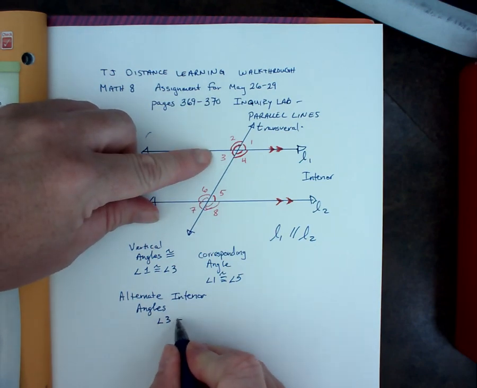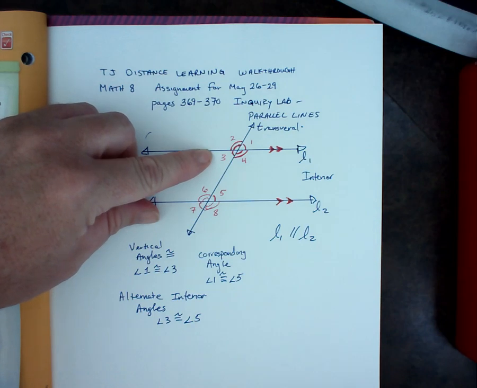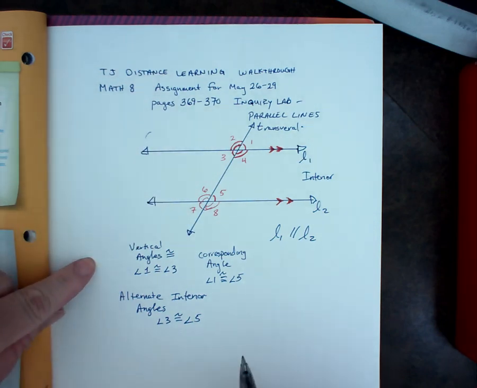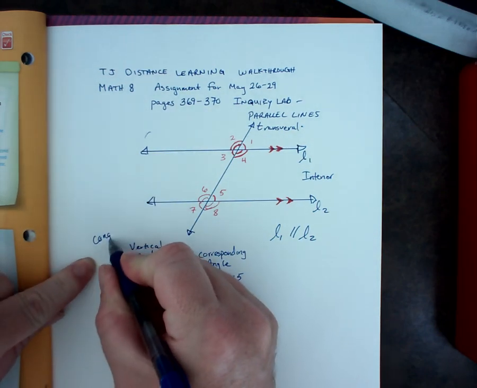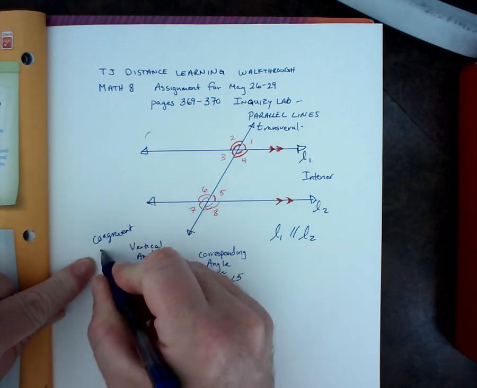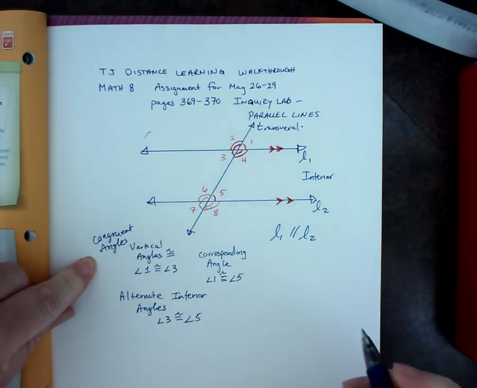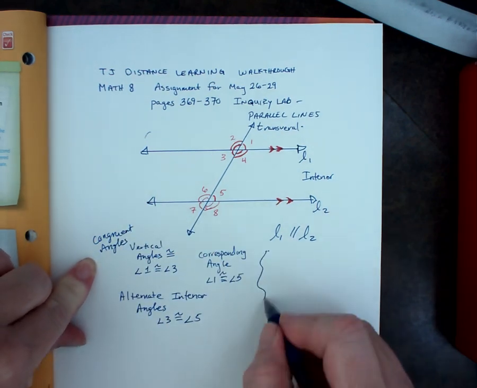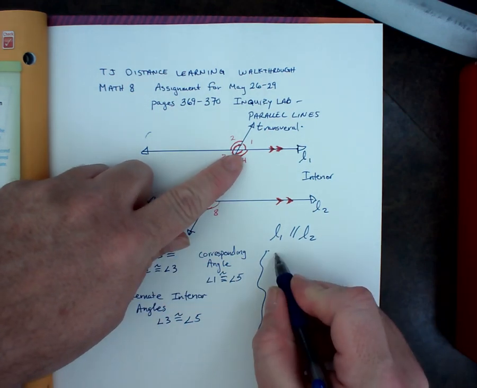Angle 3 is congruent to angle 5. So we have the congruent angles. And then we have another situation where we have supplementary angles.